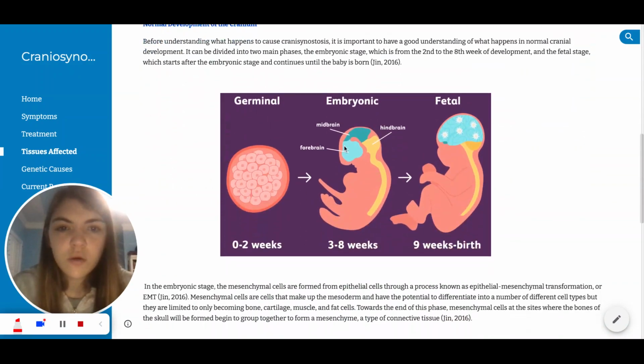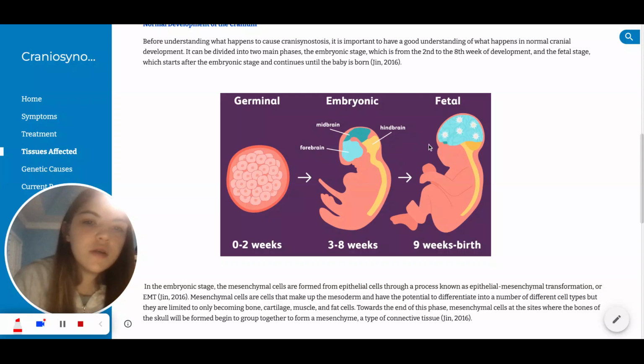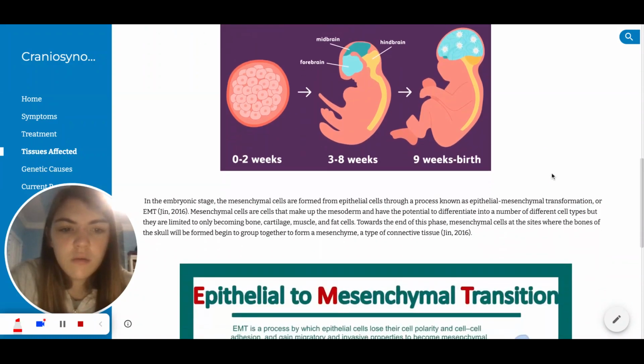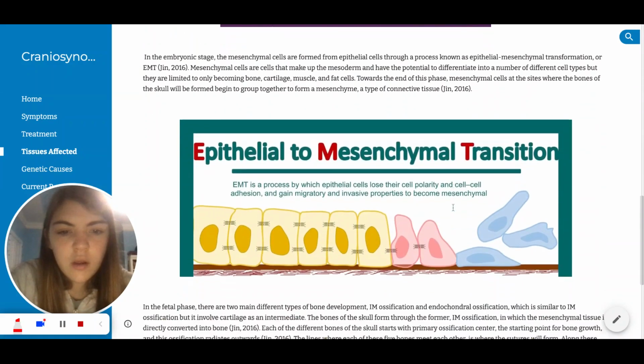Then I went into normal development. I included this graphic because I was going to be talking about the embryonic and fetal phases and what happens in each of them, so I thought it was helpful to see where the rest of the development is at. I was only talking about the brain.